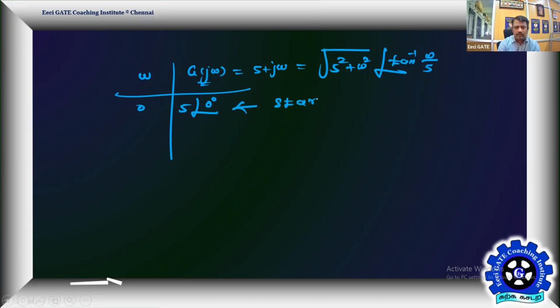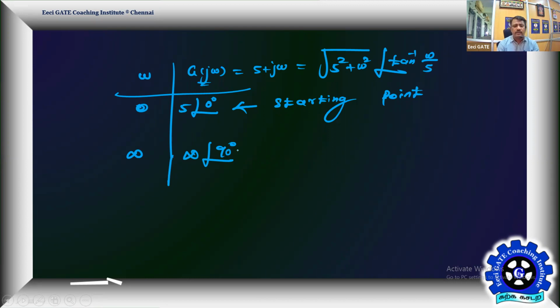Omega equal to 0 always serves as the starting point of the plot. Just go by common sense, that's all. Nothing complex, this is simple fundamentals. Then omega equal to infinity will tell you where it is going to end. We can't simply substitute omega equal to infinity, the magnitude itself becomes infinity at an angle of 90 degree.